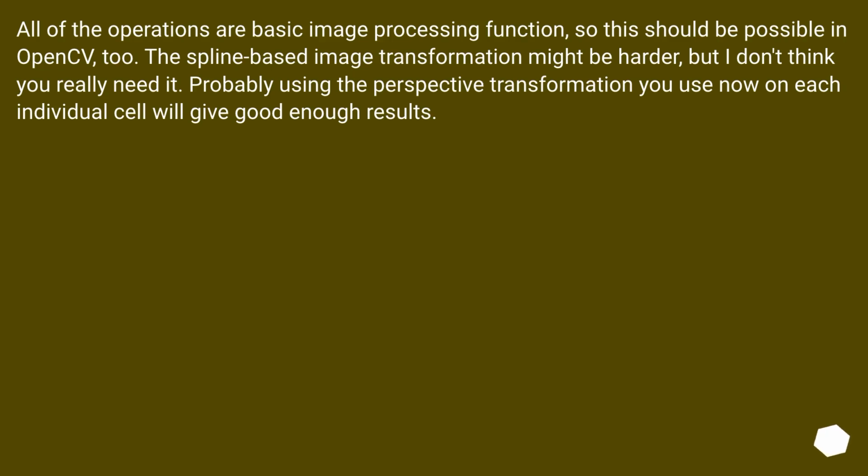All of the operations are basic image processing functions, so this should be possible in OpenCV, too. The spline-based image transformation might be harder, but I don't think you really need it. Probably using the perspective transformation you use now on each individual cell will give good enough results.